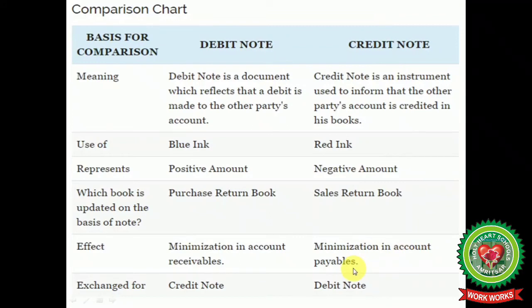So this is called a debit and a credit note. So a debit note is exchanged for a credit note and a credit note is exchanged for a debit note. So in this way both have a different purpose in a business where the goods are exchanged from one state to another or from one place to another in one country.